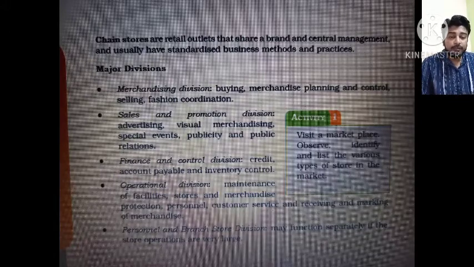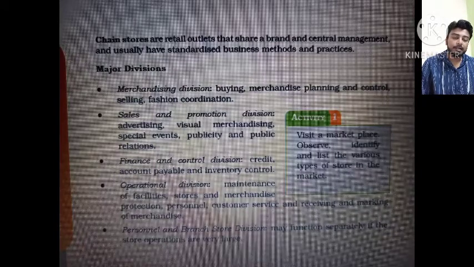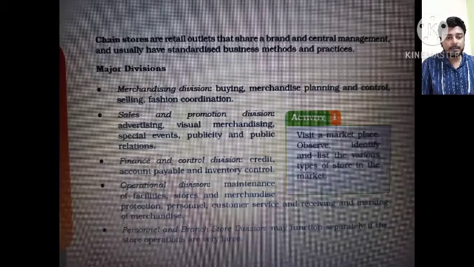Now number 4 is operational division, which includes maintenance of the facilities, stores and merchandise, protection, personnel, customer services, and receiving and marking of merchandise. These are the different works done in the operational division. And number 5, the last part, is the personnel and branch store division.